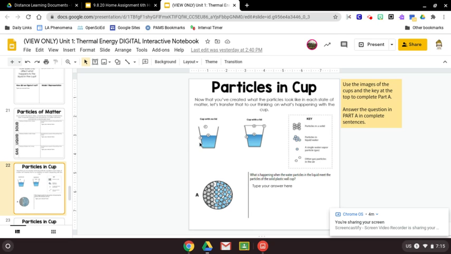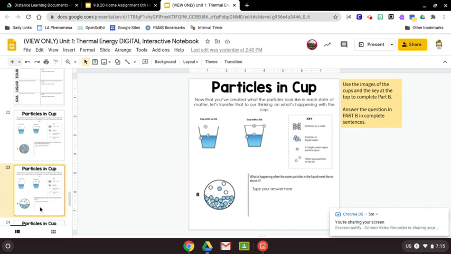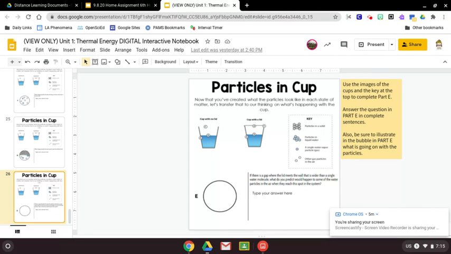And they have different things labeled, but you are going to go through each part individually and describe what's going on. So part A, what is happening when the water particles in the liquid meet the particles of the solid plastic cup wall? Describe what's happening. Same with part B, part C, D, and E.